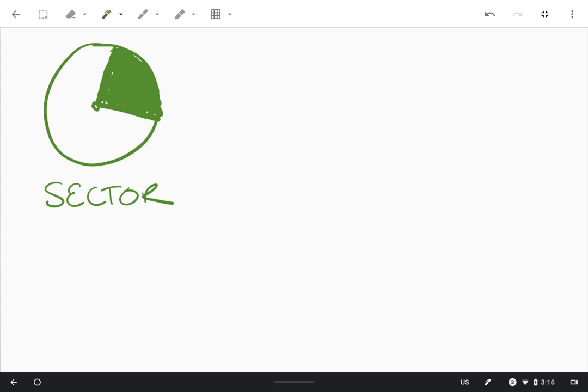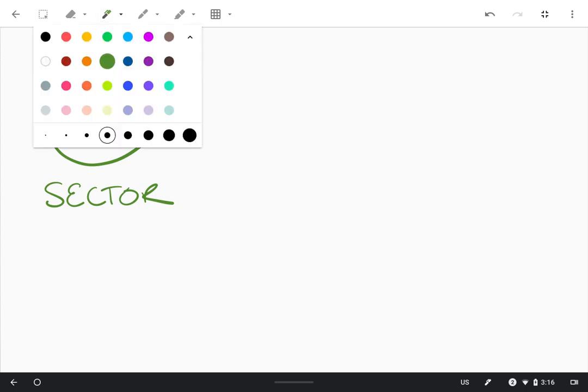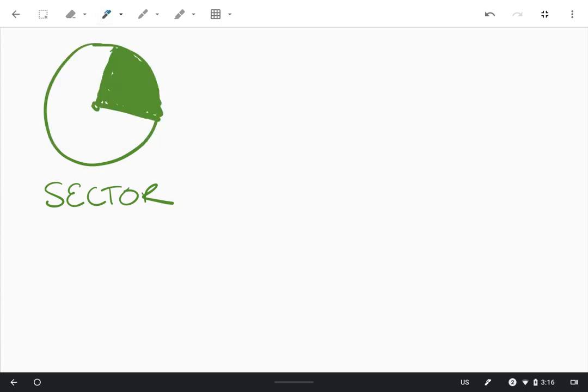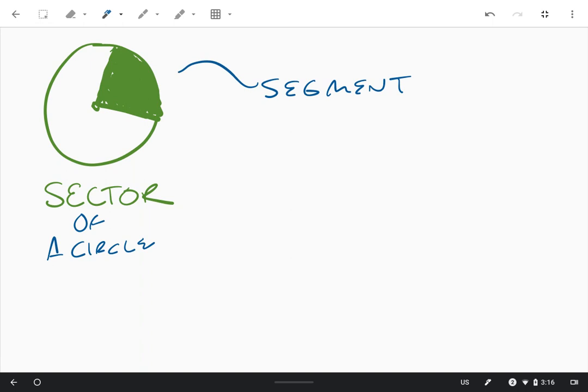We're also going to be talking about what's called a segment of a circle. So this is the sector of a circle. A segment of a circle is the section that is inside that sector, but only the part that is beyond the chord, so the blue area here.